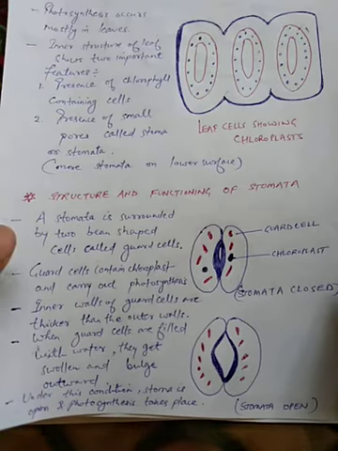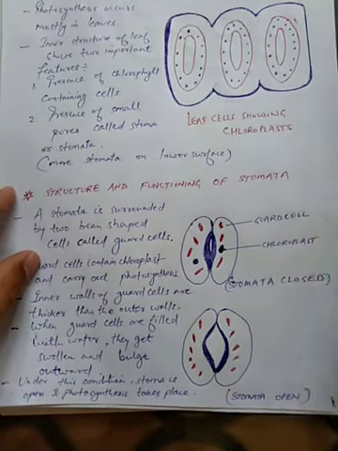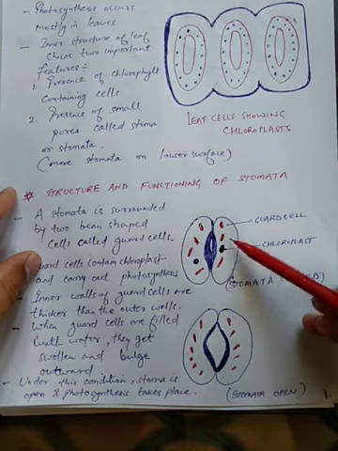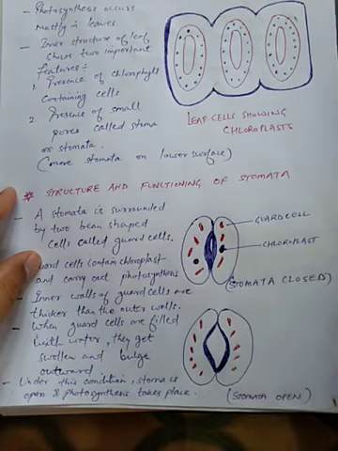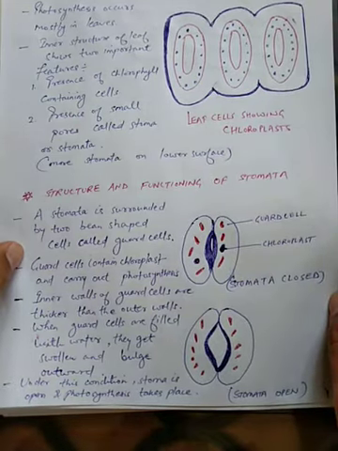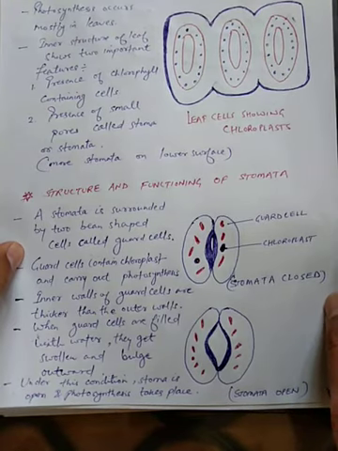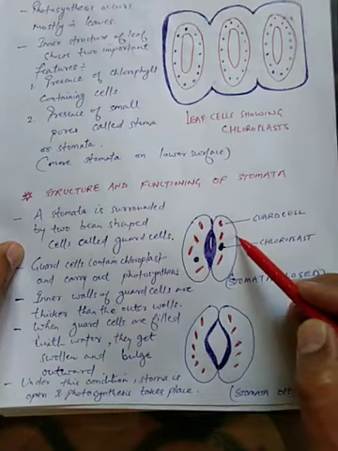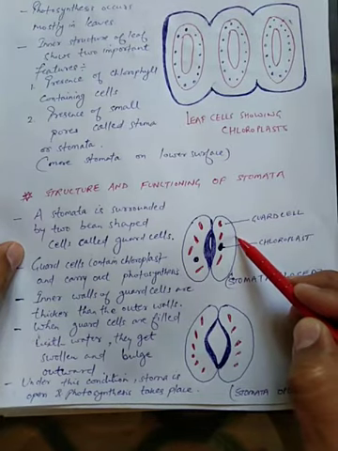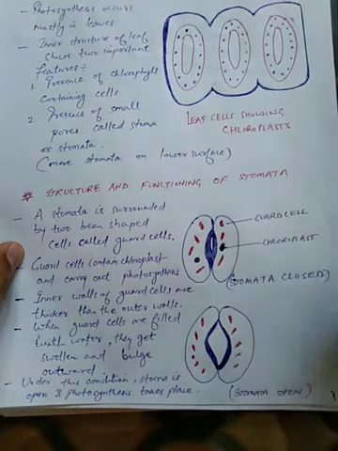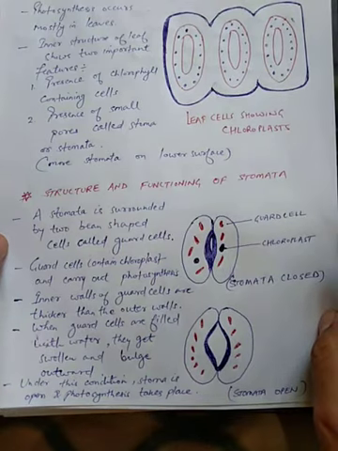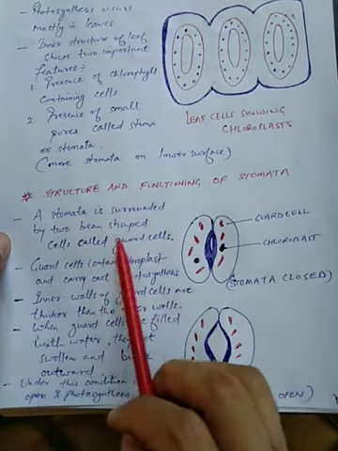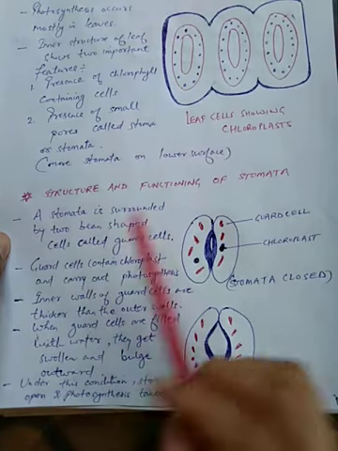So you can see here in the diagram, stomata, these are bean shaped or kidney shaped structures which are known as guard cells, and they surround the stoma. You can see here a stomata is surrounded by two bean shaped cells called guard cells.